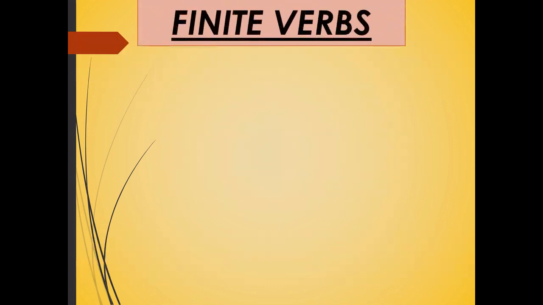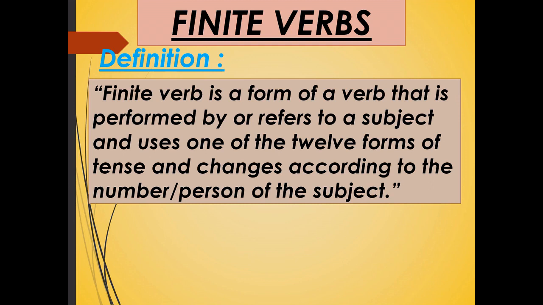Finite verbs. A finite verb is a form of a verb that is performed by or refers to a subject and uses one of the 12 forms of tense and changes according to the number or person of the subject.